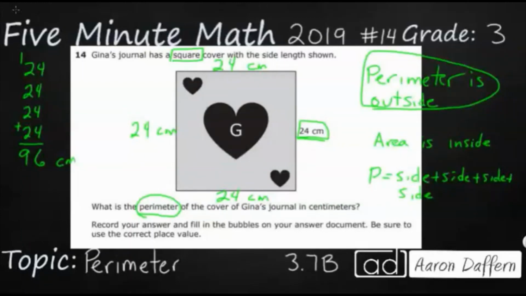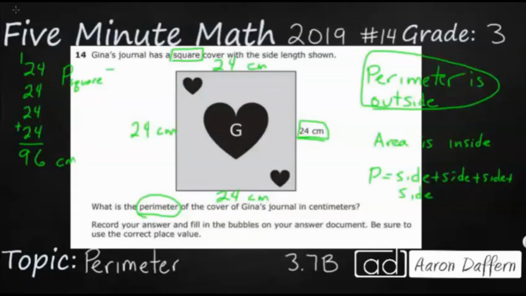Now, you probably recognize that I did repeated addition. And if you're looking on your formula chart, you're not going to get side plus side plus side plus side. You're going to get perimeter. And then let's just put a little square down here because the perimeter is a slightly different formula when we're looking for the perimeter of a rectangle or the perimeter of a square.